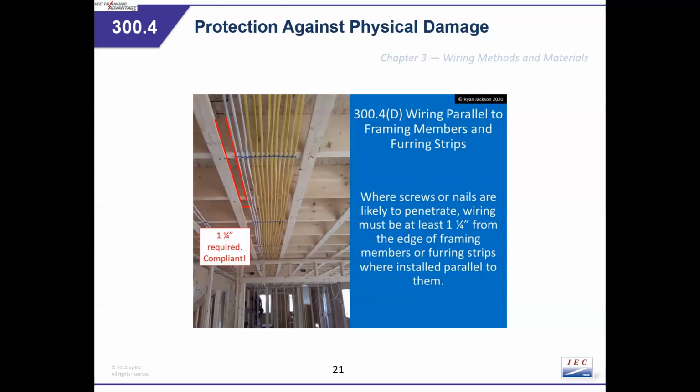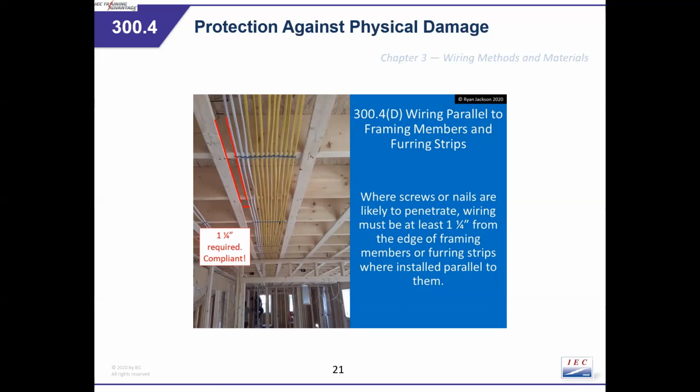Moving on to 300.4D, wiring parallel to framing members and furring strips. Where screws or nails are likely to penetrate, wiring must be 1¼ inches from the edge of the framing member or furring strip where installed parallel to them.